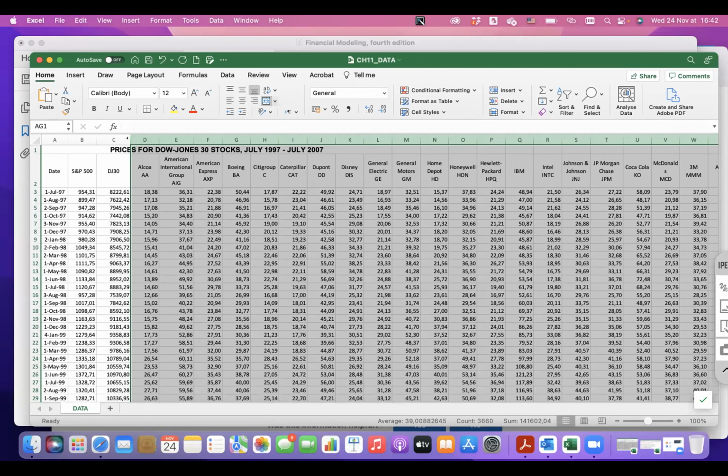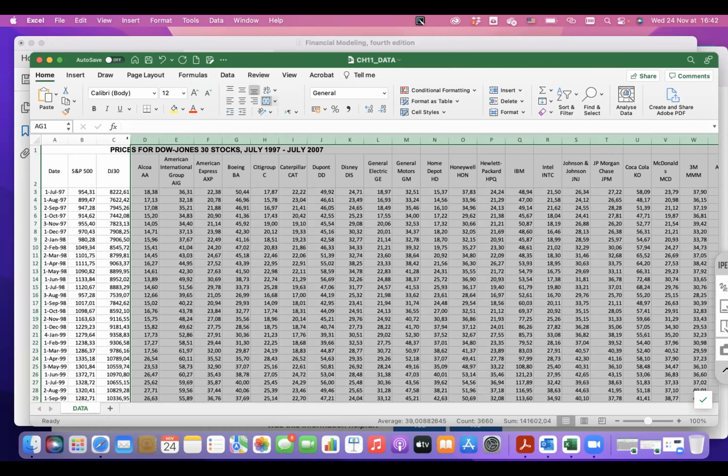So we have here monthly data, real data, okay? We have 2 indexes and we have 30 individual stocks. The 2 indexes are the S&P 500 and the Dow Jones 30, called the Dow Jones Industrial Average 30. The Dow Jones 30 is composed of the 30 biggest companies in the US market, while the S&P 500 is composed of the 500 biggest companies in the US market.